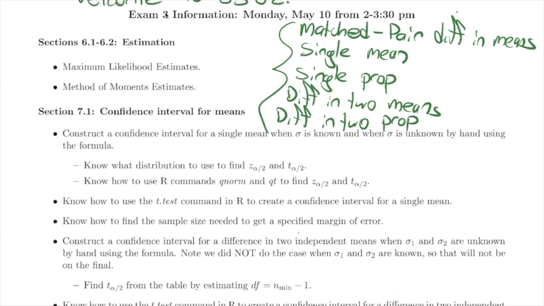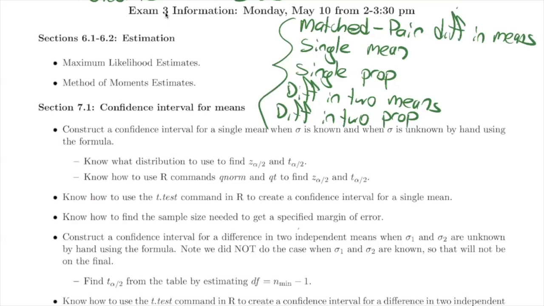And the same goes for hypothesis tests. So I would be sure that you're able to do a hypothesis test for each of these types of parameters, and be sure that you're able to identify which case you're in. So just recall whether you would want to use a normal distribution or a t-distribution when you're doing these.